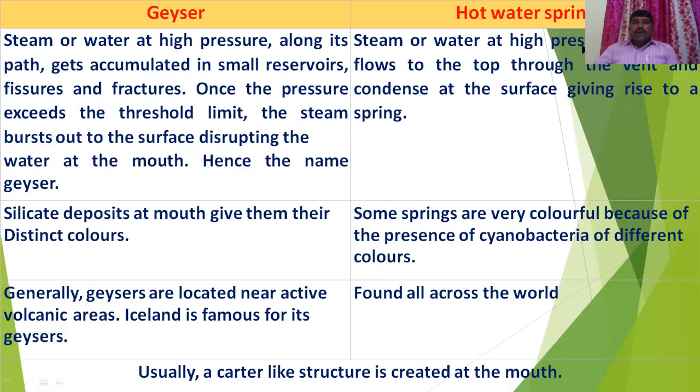In a hot spring, steam or water at high pressure smoothly flows to the top through the vent and condenses at the surface, giving rise to a spring.